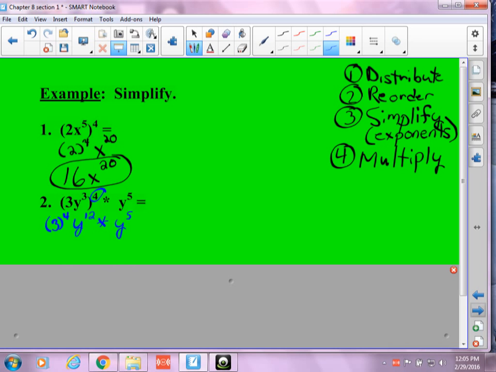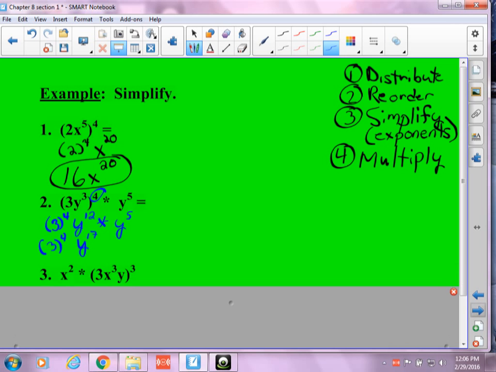Now I'm going to simplify with my exponents. This is what it means. I'm going to leave my 3 to the 4th, and I get y to the what? 17th, because 12 and 5 are 17. Remember how we added those exponents? I took that rule that we first learned and I added my exponents. Right? And then I multiply. Now think about that. I've got 4 3's.